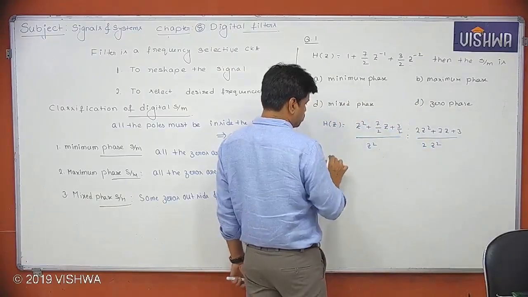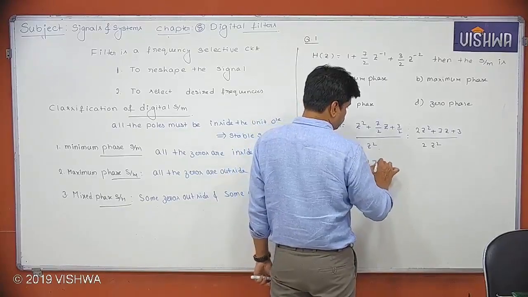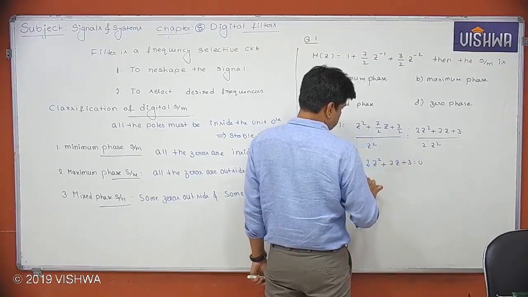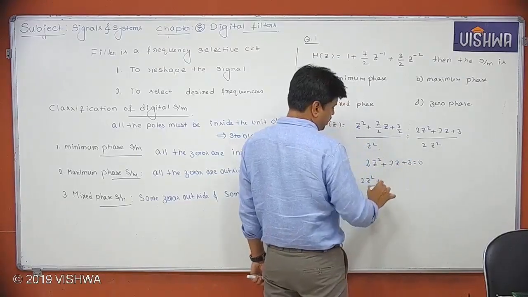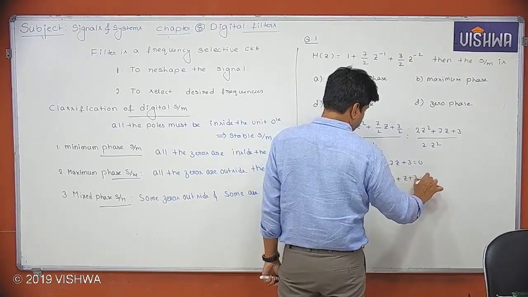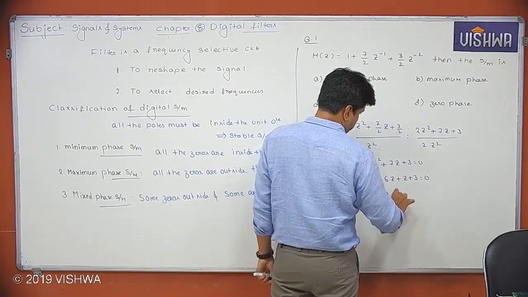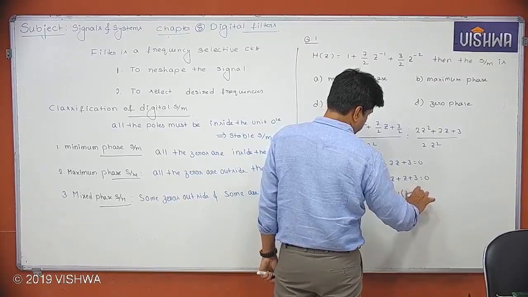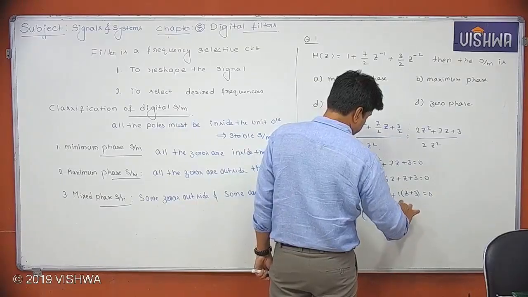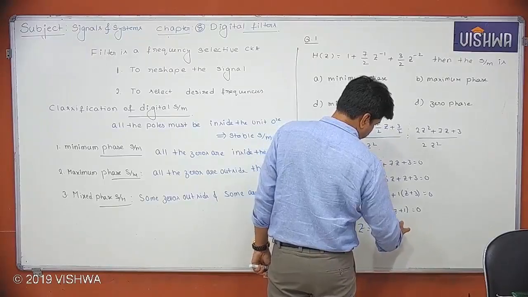I want to calculate the zeros, so I have to equate 2z square plus 7z plus 3 to zero. I can write this as 2z square plus 6z plus z plus 3. 2z common out, z plus 3; 1 common out, z plus 3. Taking z plus 3 common, we get z plus 3 times 2z plus 1 equal to zero. So what are the zeros here? Minus 3 and minus 1 by 2.